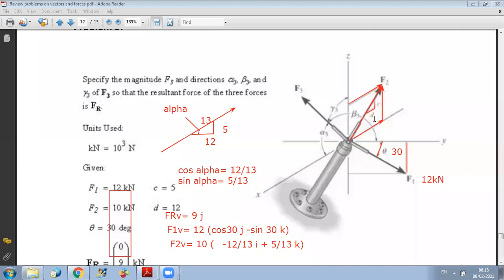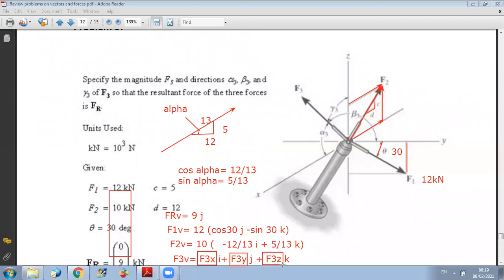So the easiest way to write vector F3 is F3x along i, which I don't know, plus F3y along j, which is also unknown, plus F3z along k. So these are my three unknowns, the components of F3 along x, y, and z. Let us find them together.